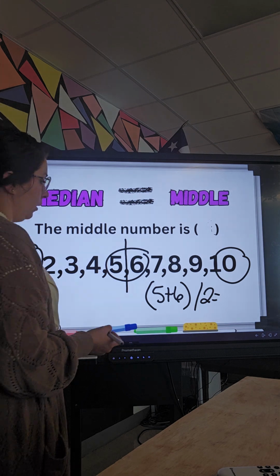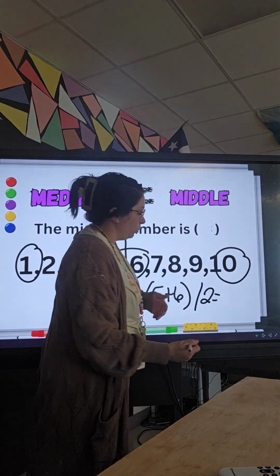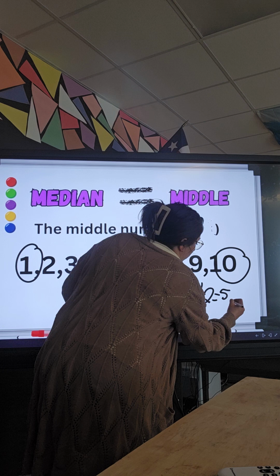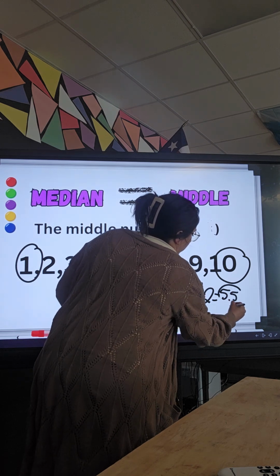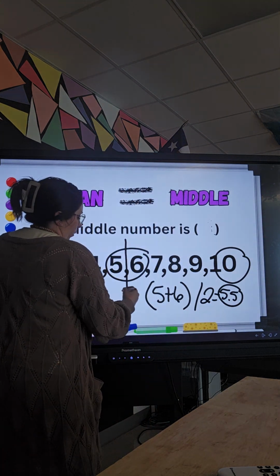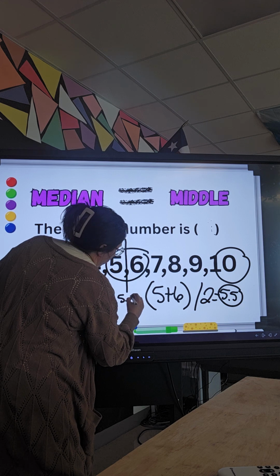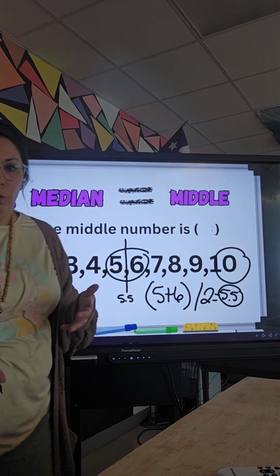When we do that, that's going to equal our 5.5. So our center number right here is going to be 5.5. So we're working really well. We have our information for our least, our max, and we have our middle number now.